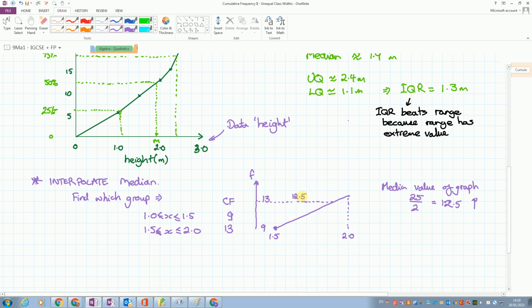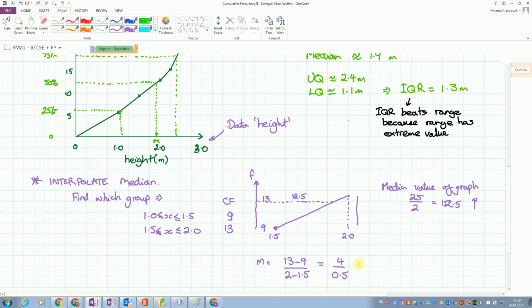Oh, this is a straight line. So that means that if I was to try and calculate the gradient of this line, we need the y, which is 13 minus 9, divided over the run, which is 2 minus 1.5, which gives me an answer of 4 over 0.5.